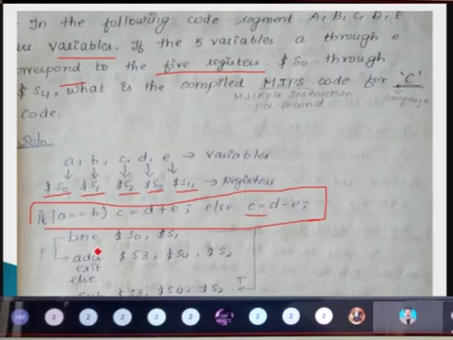So here I am telling branch not equal. Branch not equal means I am going to perform this subtraction. But this is a false case, it will be coming to this part. So when this is true, branch not equal means it will be coming to this part.